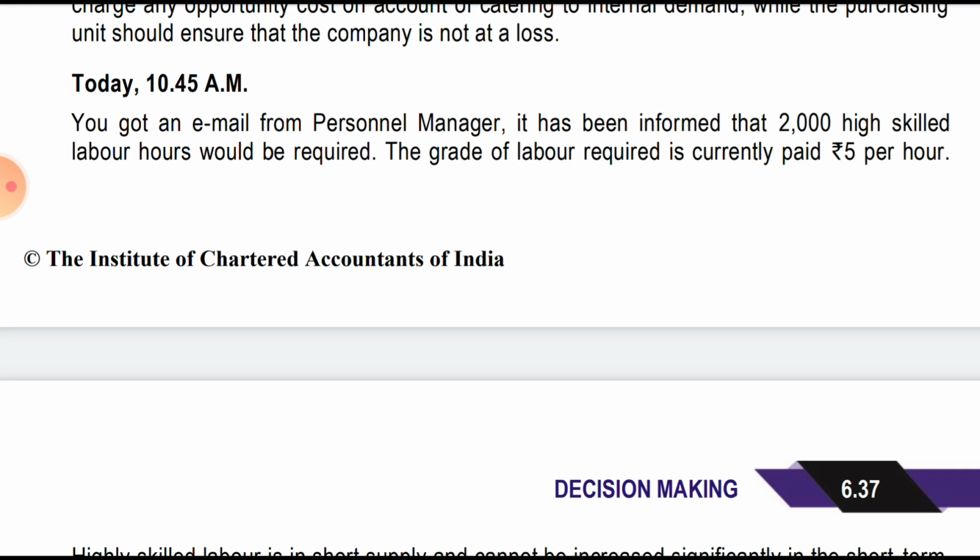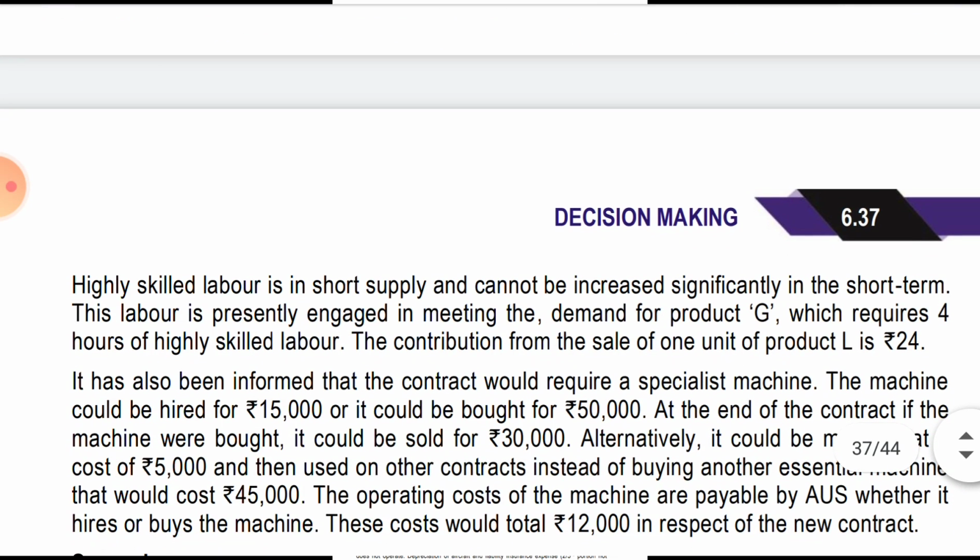Highly skilled labor is in short supply and cannot be increased sufficiently in the short term. This labor is presently engaged in demand for product G, which requires 4 hours of highly skilled labor.